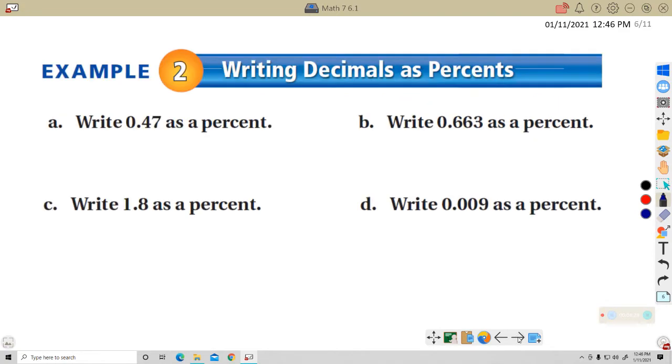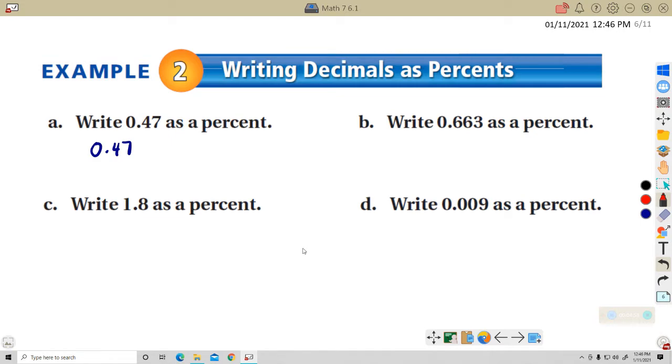That's for in class. Okay, so writing decimals as percents. Now we're going the other way. Maybe this might be easier to think of because, again, we're going from 1 to 100. So everything's going to get 100 times bigger here, and we're going to do the opposite. So 0.47. We're going to write this as a percent.